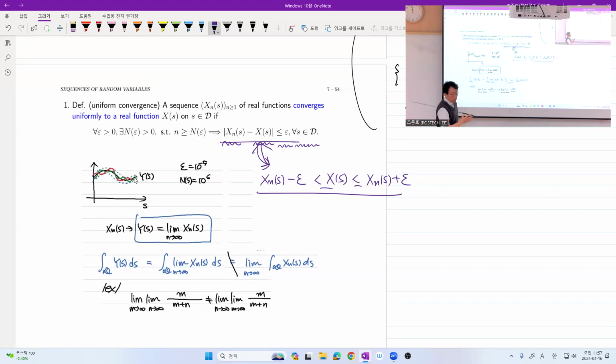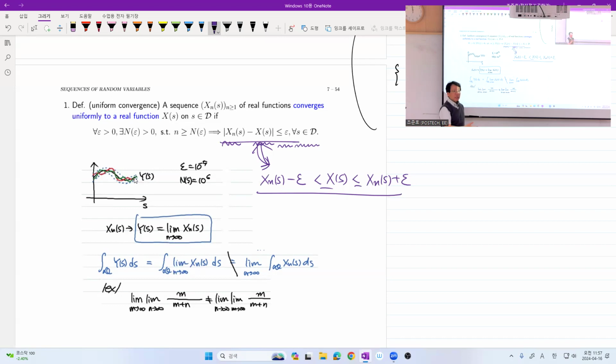So what you can say is that you don't know the true value of x, but you know the approximation. And you are guaranteed what? If you draw upper and lower bounds, plus epsilon and minus epsilon, then your function x is definitely inside that gap. You sometimes want that definition of convergence.